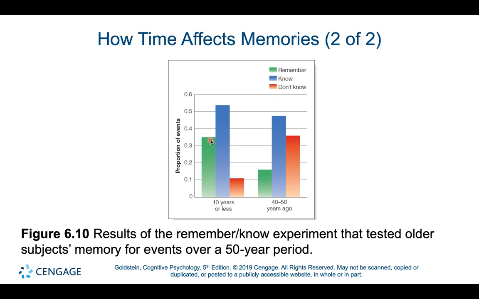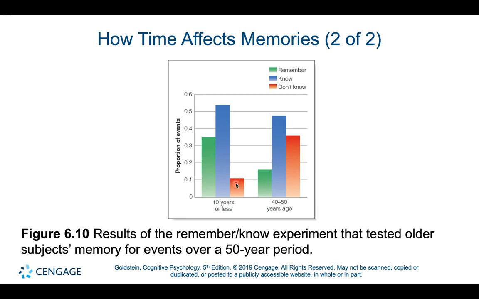And so we can see that what actually happens over time is that the proportion of memories that people claim to remember or have an episodic memory for, that's the green bars, declines dramatically over time. The proportion of memories that people quote unquote know, that would be a semantic memory, stays relatively stable over time. There's a little decrease, but it's much more stable than remembering.